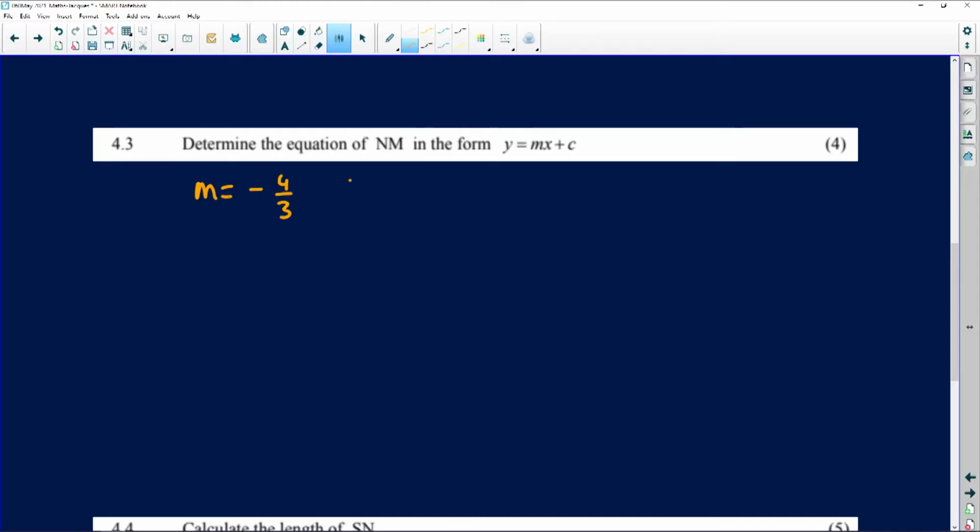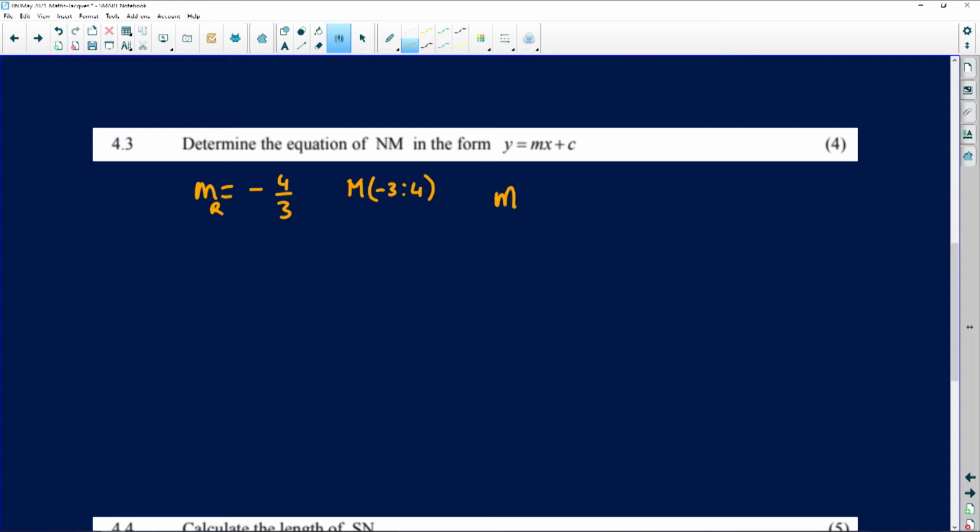Then we have the point M, and that point M was the point that they gave us right at the beginning, -3 and 4. So, yes, what do I have? I have the gradient of the radius. Let's make that r for radius.